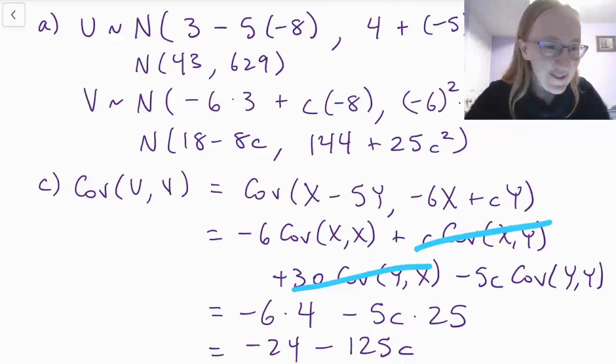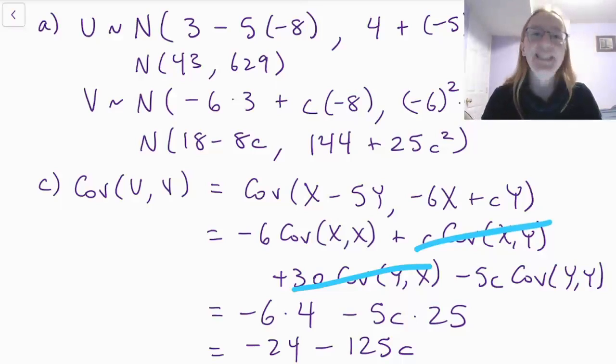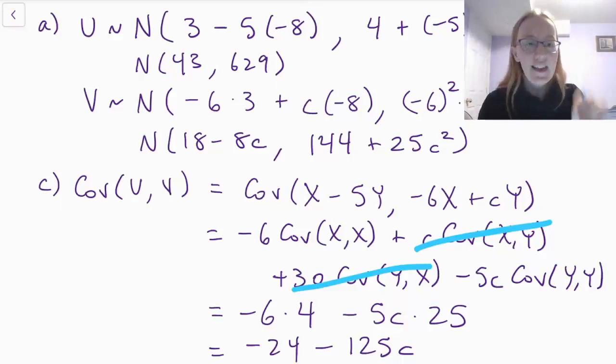Oh yeah, I totally forgot about the covariance of x and y equaling 0. Exactly, that was one of the tricks that makes this easy. Part D asks what value of c makes these uncorrelated. If we set c equal to negative 24 over 125, then that will force the covariance to be equal to 0.